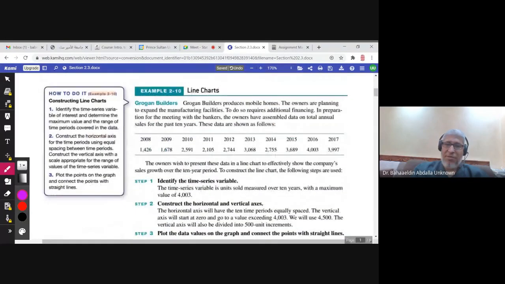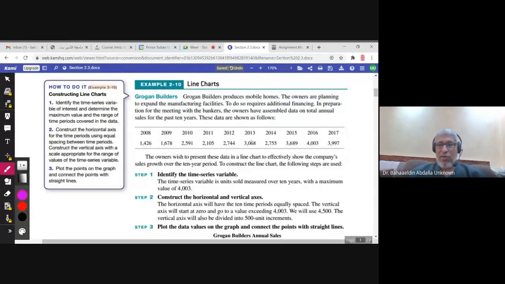This is an example. GB produces mobile homes. The owners are planning to expand the manufacturing facilities. To do so requires additional financing. In preparation for the meeting with the bankers, the owners have assembled data on the total annual sales.